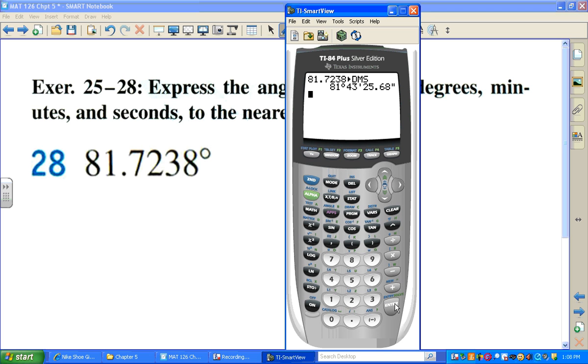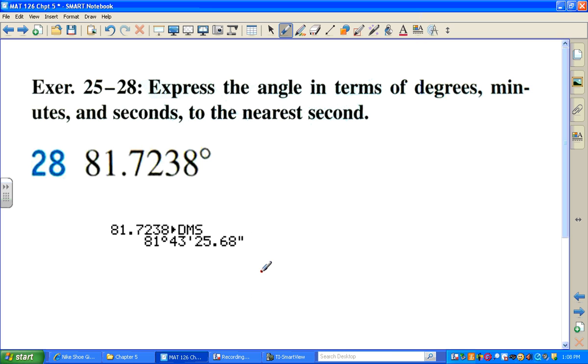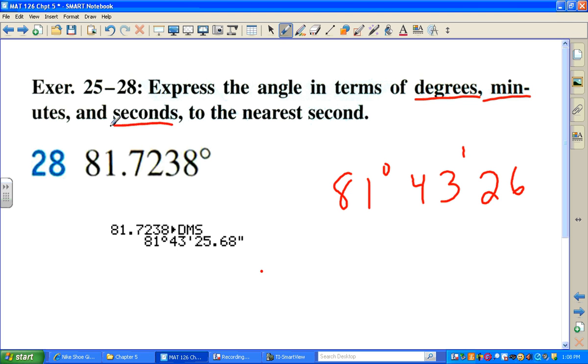There we go. So it's 81 degrees, 43 minutes, 26 seconds. That's in decimals, that's base 10. Degrees, minutes, and seconds means base 60.